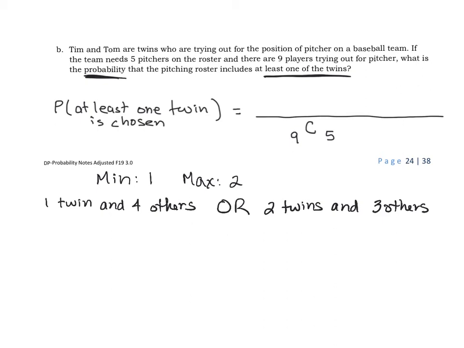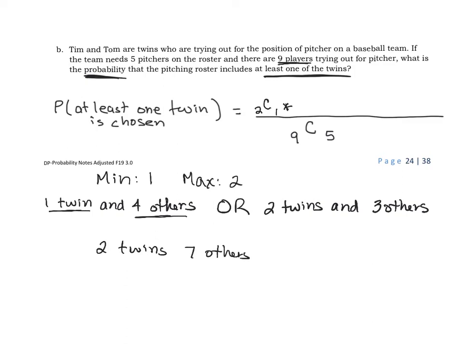Okay, so let's go ahead and write that numerically. For the 1 twin, well, how many twins do we have? We have 2. I need 1. And how many others? Well, 9 people were trying out for the team. If we have 2 twins, that means we're going to have 7 others.